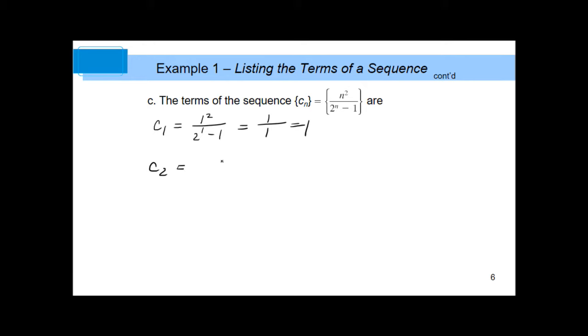C sub 2 is going to be 2 squared over 2 to the second minus 1, which is 4 over 4 minus 1, or 3. C sub 3 is going to be 3 squared over 2 to the third minus 1, which is 9 over 8 minus 1, which is 7. And you could continue in that way.